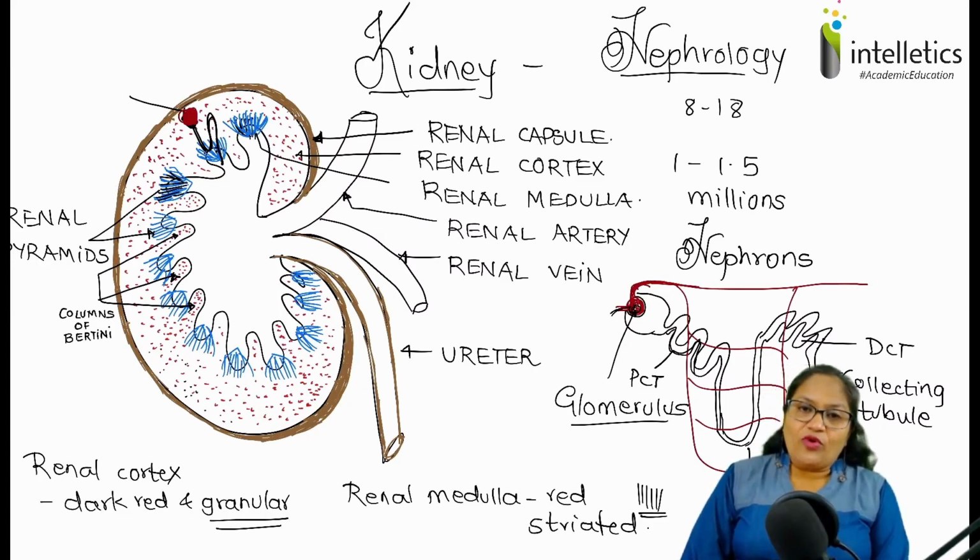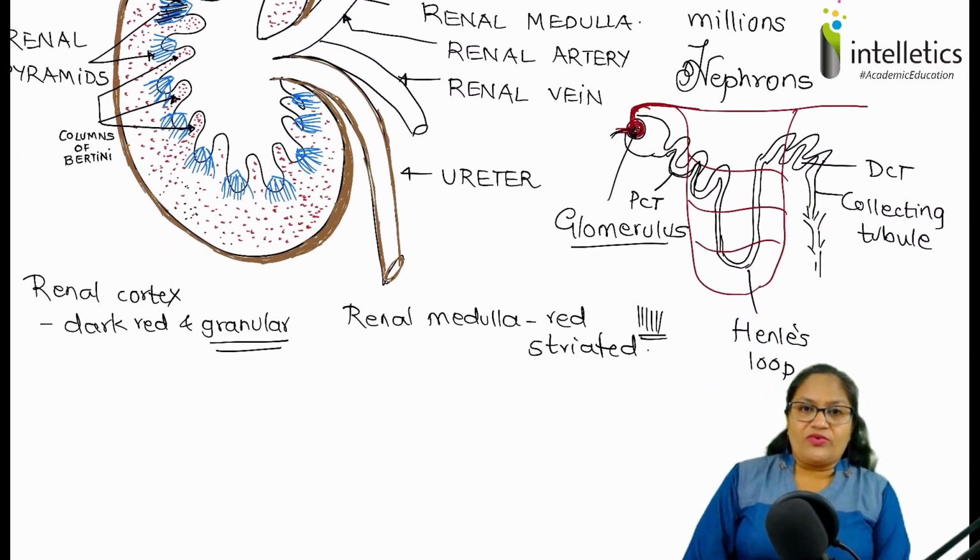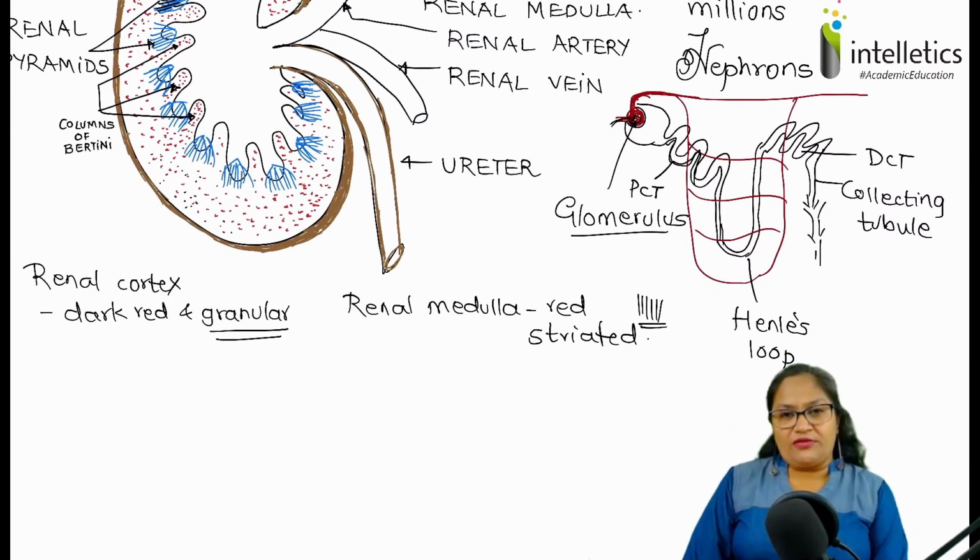Now, the nephron, you can see on the right hand side that I have drawn a rough diagram of the nephron. Each nephron is going to be involved in the production of urine, of course, after filtration of blood. You might be aware that the production of urine occurs in 3 steps.